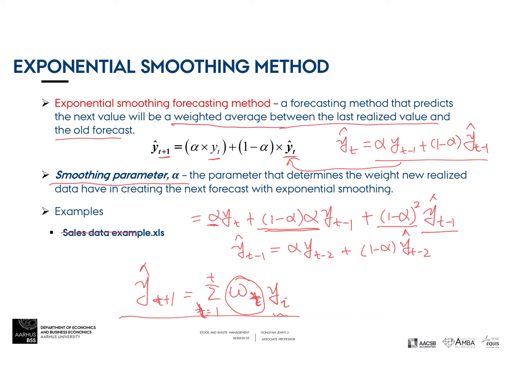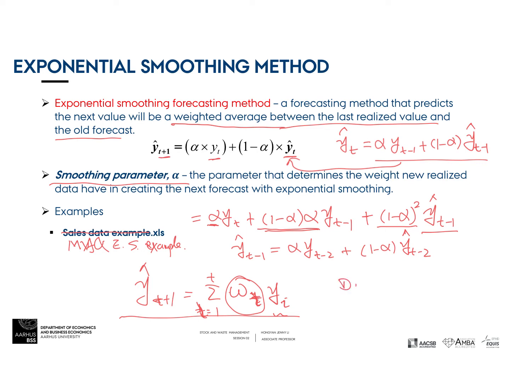Again, this is an example file with a new name, MA and exponential smoothing examples, in Blackboard. You can find this file and try the exponential smoothing. The good thing is it's not necessary to do all this smoothing by hand.